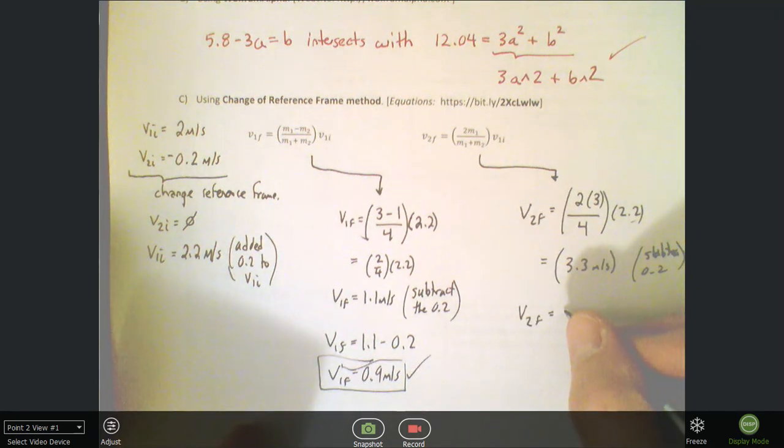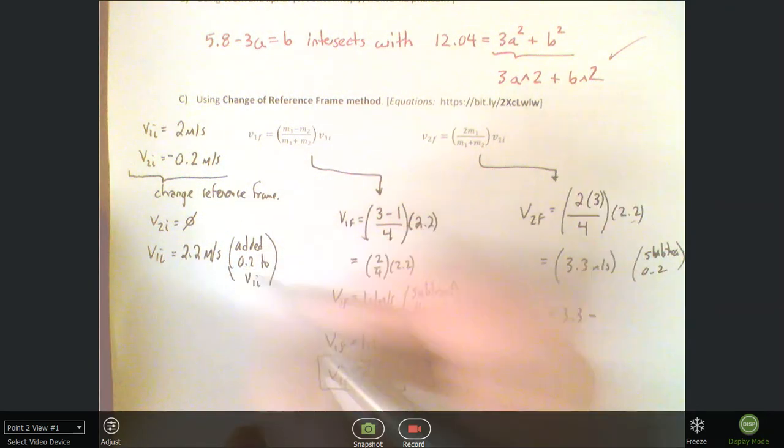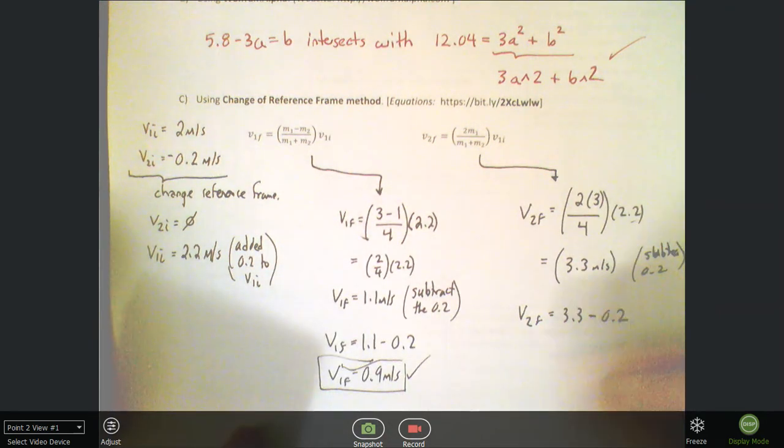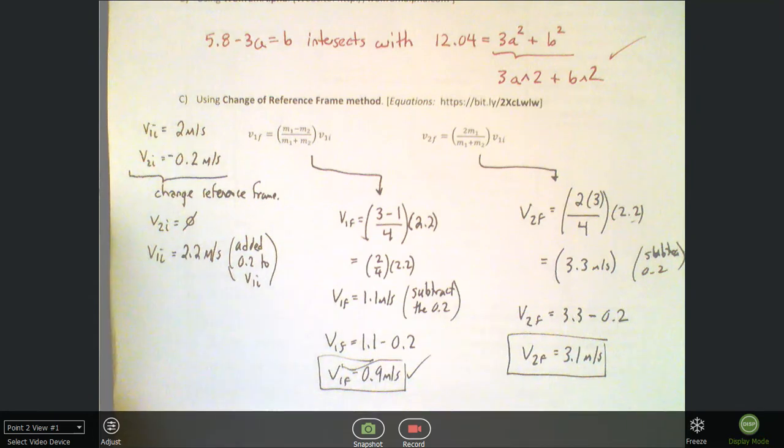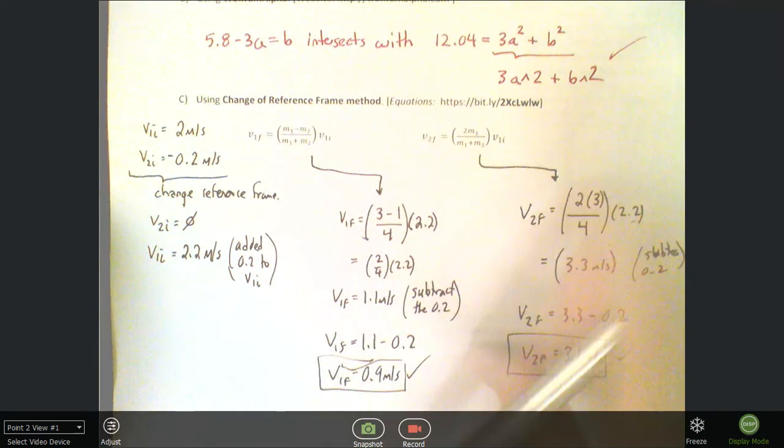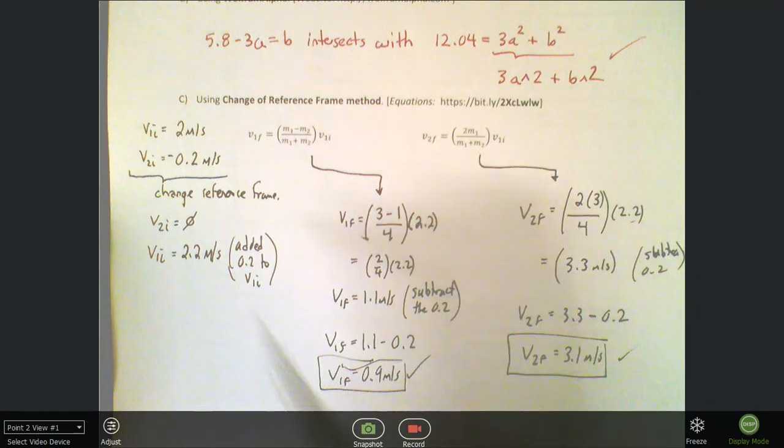It's 3.3 less, because we added it over here, so we have to subtract it off here, which is 3.1 in the frame that's watching this event happen. And it works. This is super fast and super easy. It's sometimes tricky to think about the change of reference frame, but it's really nice to do.